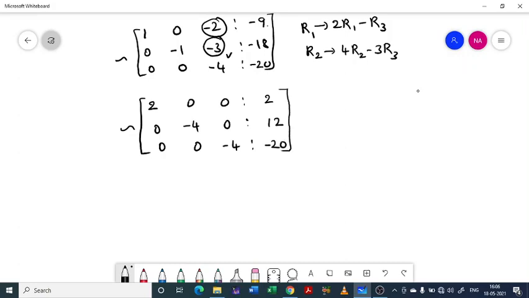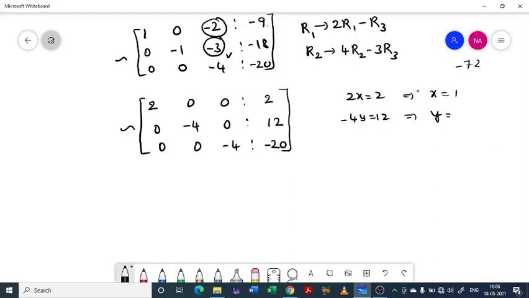Okay, then we will be writing equations from this. 2x equal to 2 implies x equal to 1, minus 4y equal to 12 implies y equal to minus 3. Okay, let me check, minus 4 into 18, that will be what?